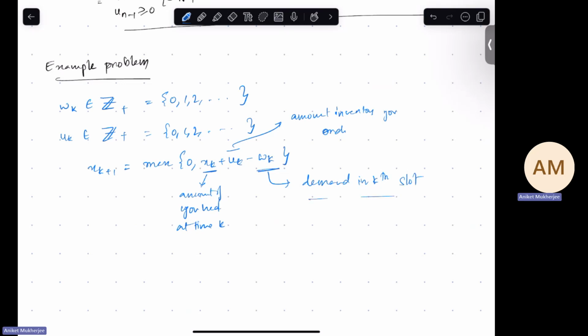Now, this wk is random, you don't know the value of wk.